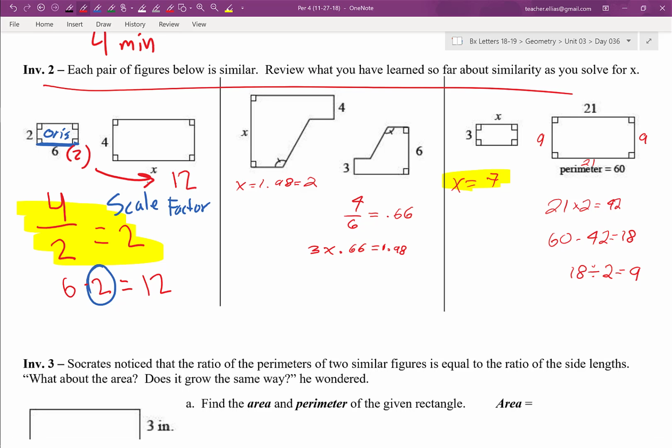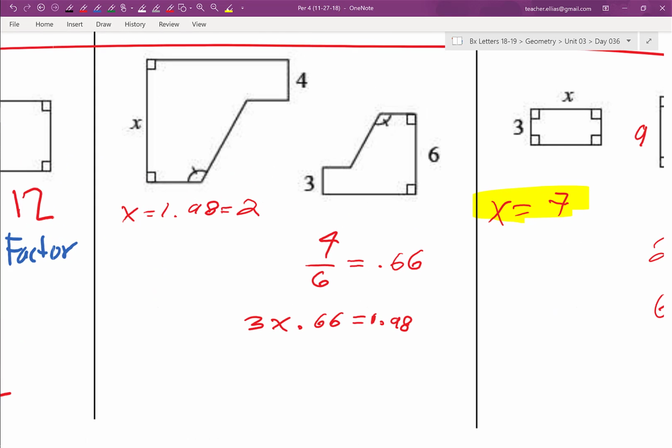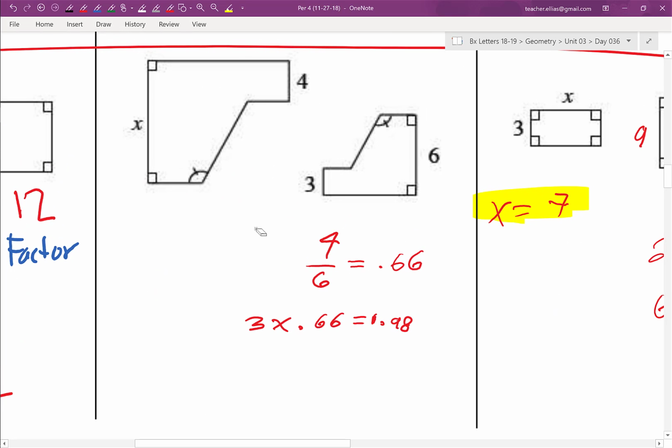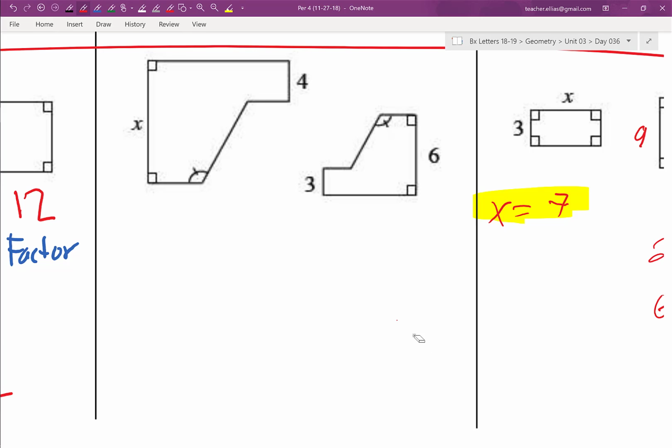All right, I'm going to erase this work and then do 4 divided by 3. I'm going to let Rosanna explain this one. You see how these two are in the same spot.